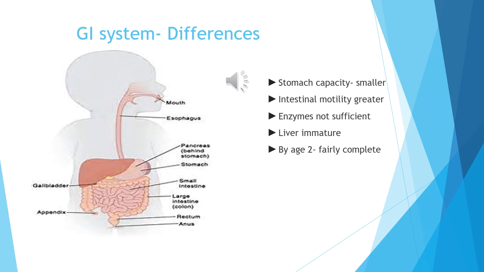Newborns only take a small amount of formula or breast milk at a time, sometimes even under an ounce when they're born. Intestinal motility is also greater in young children. Think of your newborns and your infants. They eat and excrete or have a bowel movement every 1 to 2 hours.